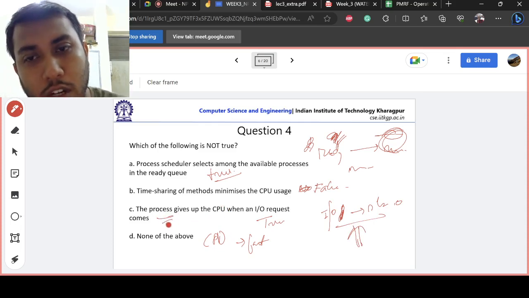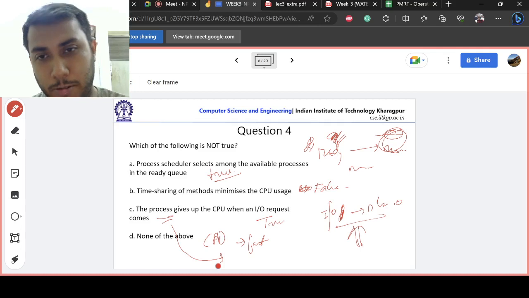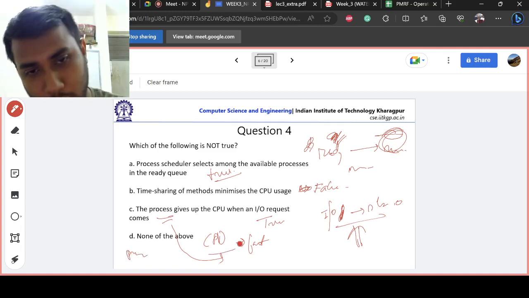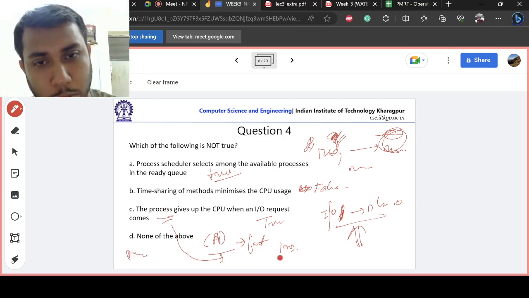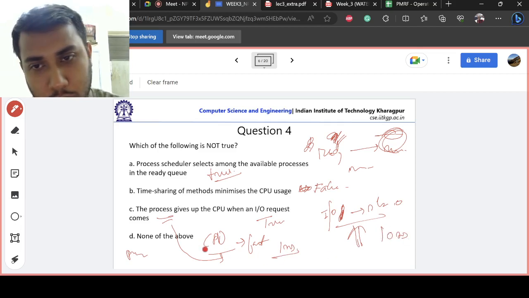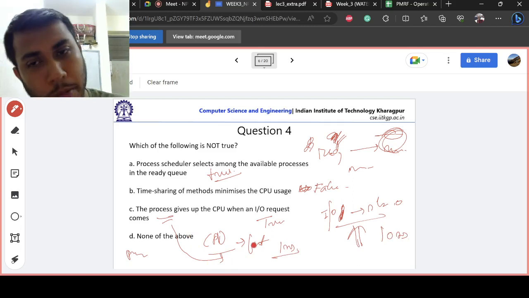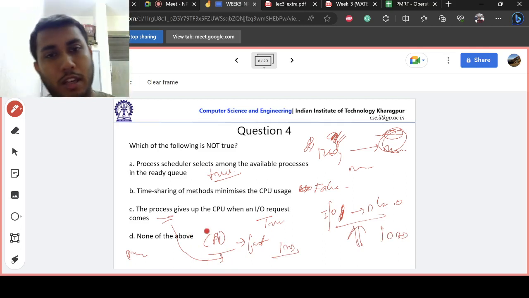For the process to hold on to the CPU doesn't make much sense. At that time some other process can come and utilize the CPU. Let's say the CPU takes 1 nanosecond to process and the IO operation takes 10 nanoseconds. So giving up the CPU actually helps; 9 other processes can come and use it.